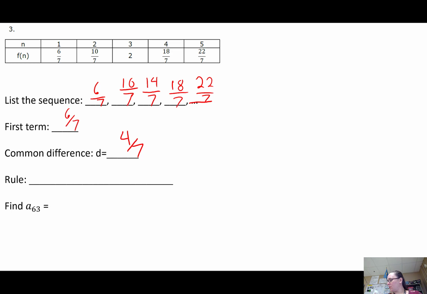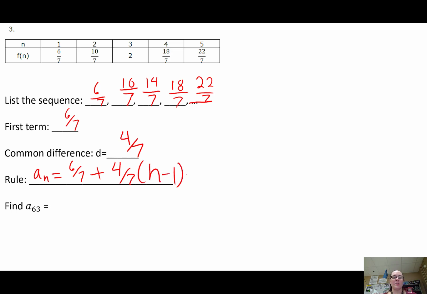So now we're going to look at this and put it in our rule or our equation. So we get a sub n is equal to my first term, 6/7, plus my common difference of 4/7 times n minus 1.